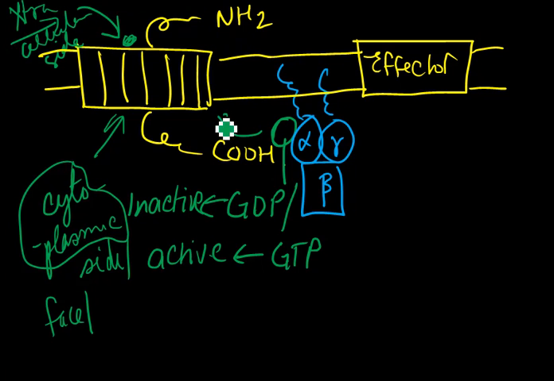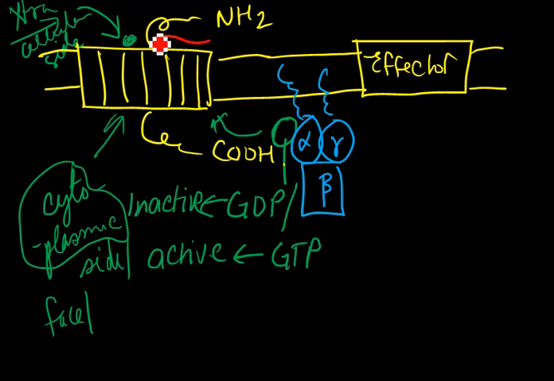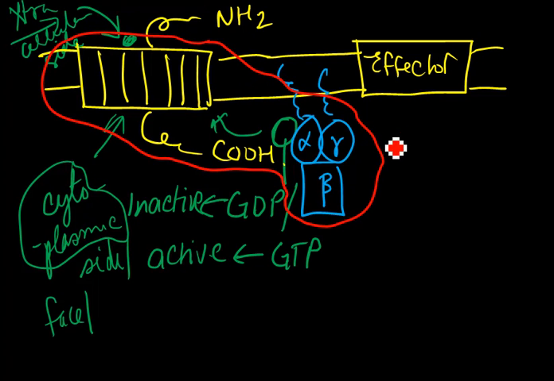So the G protein now comes close to the receptor. The ligand-bound receptor forms a receptor G protein complex. So basically, you have a complex here. This whole thing comes together, the receptor and the G protein, forming a complex.